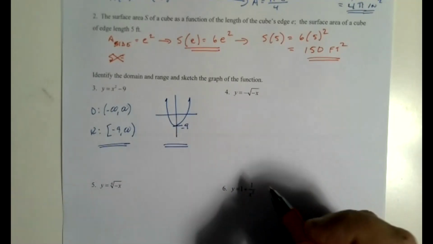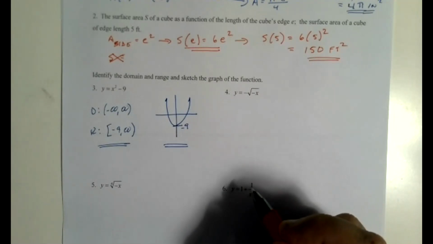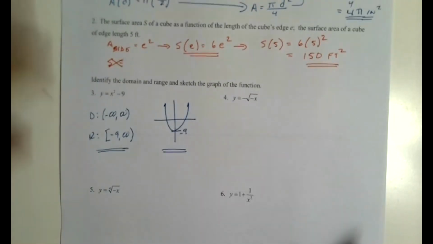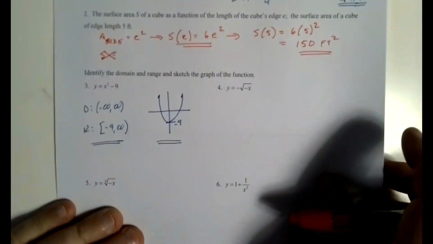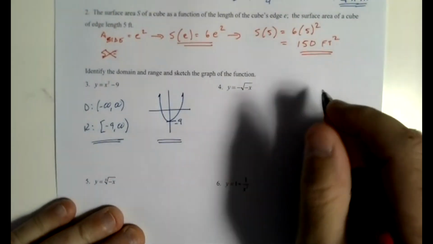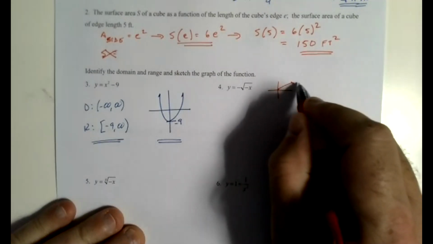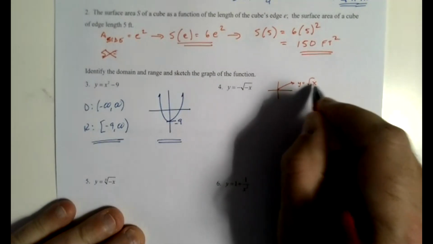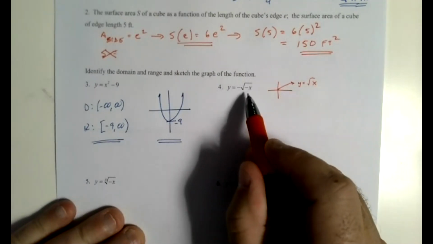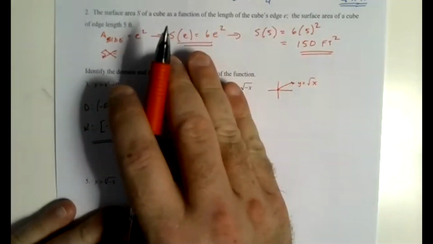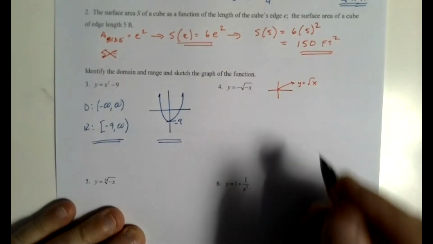Now, this gets dicey. I happen to know that square root of x does this. And if we put a negative on the inside, it flips it across, I believe. Yeah.